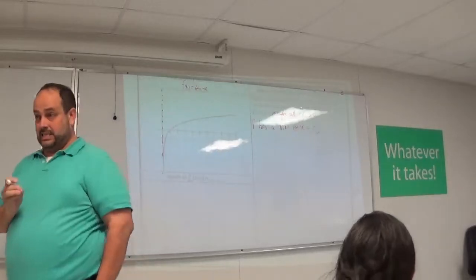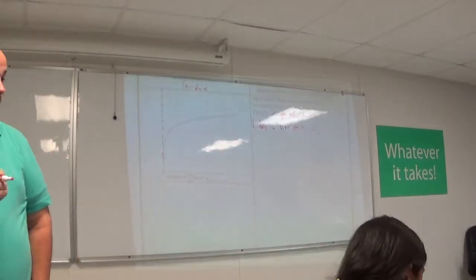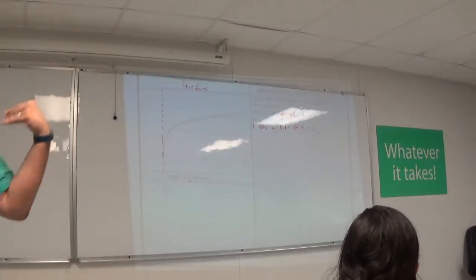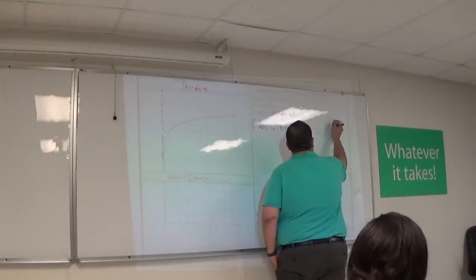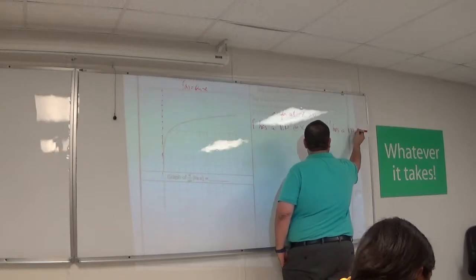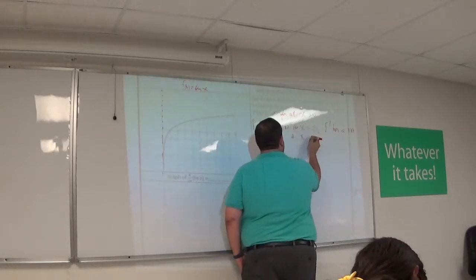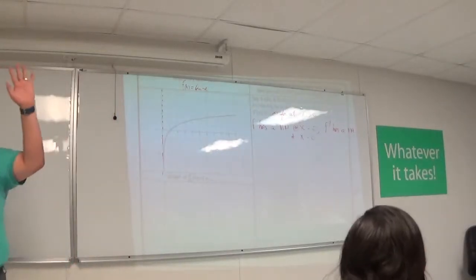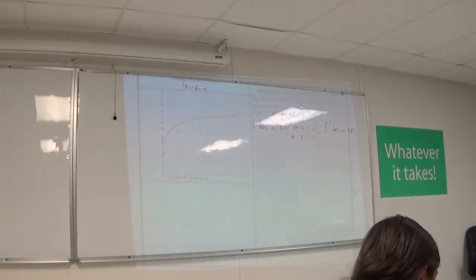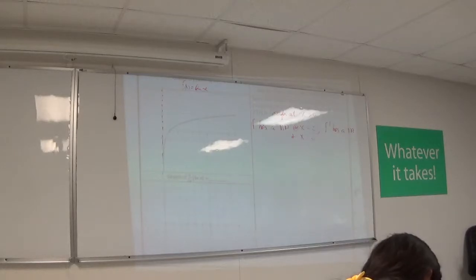So what? f has a vertical asymptote, so f prime has a vertical asymptote at x equals 0. How many guys had that? Okay, some, not as many as I was hoping. What else? Jose, what else?